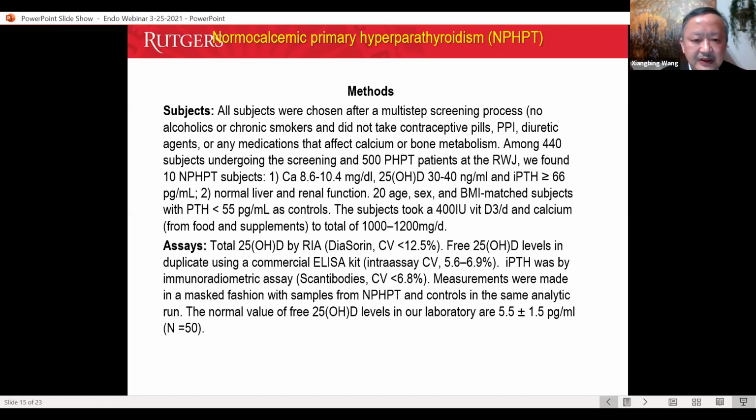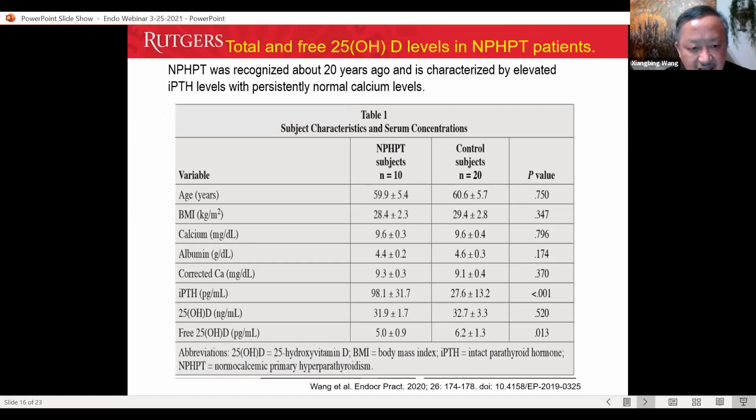We found 10 primary normocalcemic hypoparathyroid patients, and we have a group of 20 age-, sex-, and BMI-matched controls. So we measure the total vitamin D, PTH, and also the new free vitamin D, and the free vitamin D level in our normal range is about 5.5 plus or minus 2 picomolar.